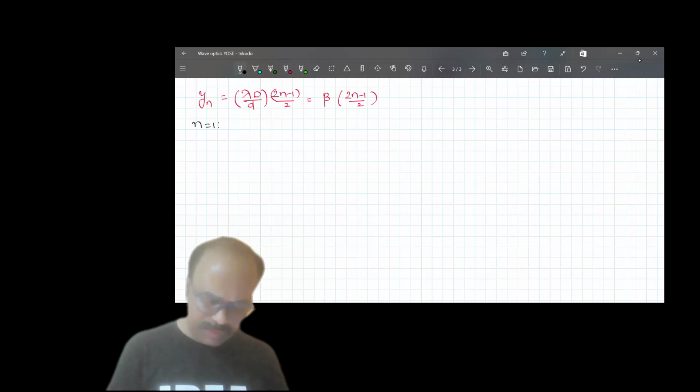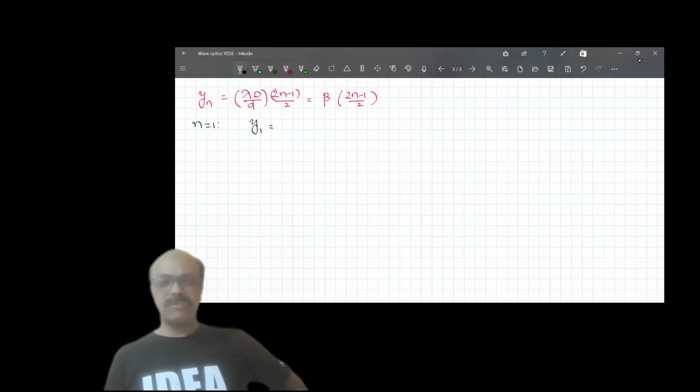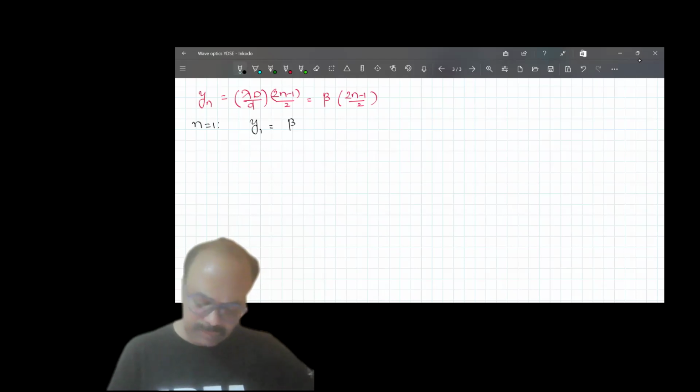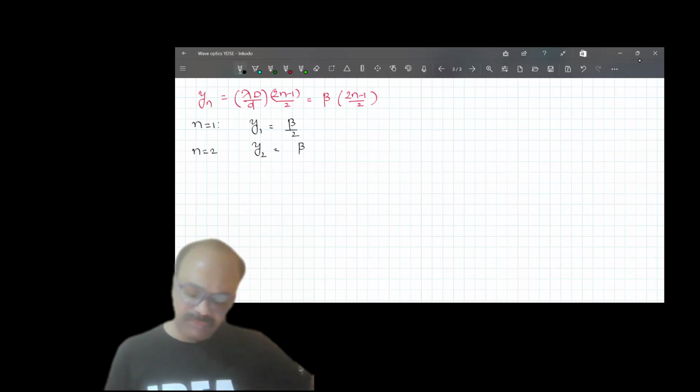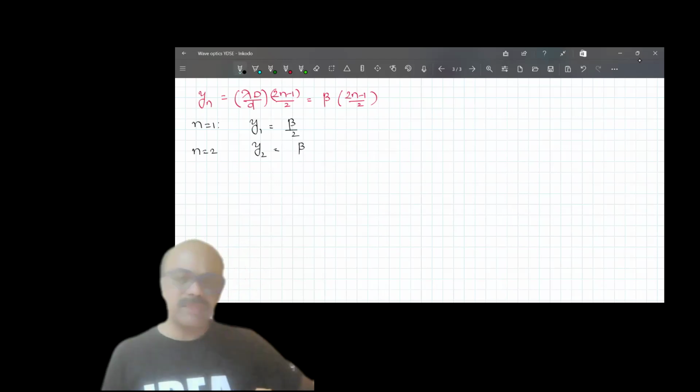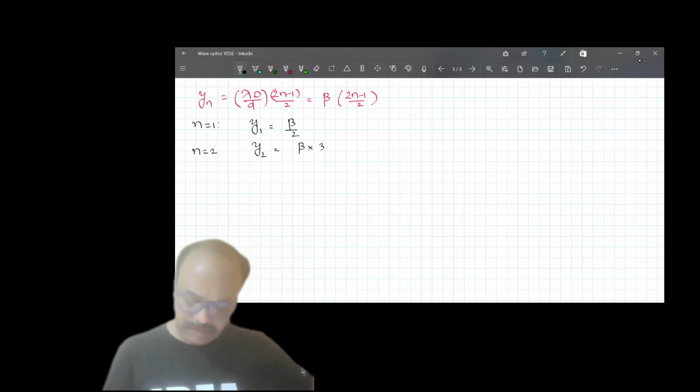Now if n equals 1, then 2n minus 1 becomes 1, so y1 is beta by 2. If n equals 2, y2 is beta into 2 twos are 4, 4 minus 1, 3 by 2, which is 1.5 times beta. The first is 0.5 times beta.